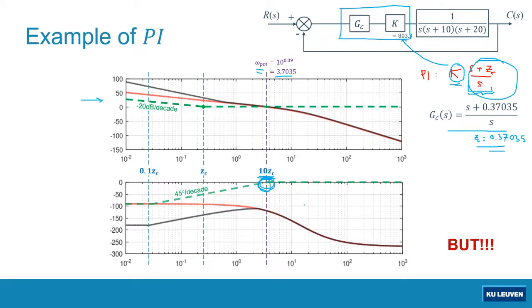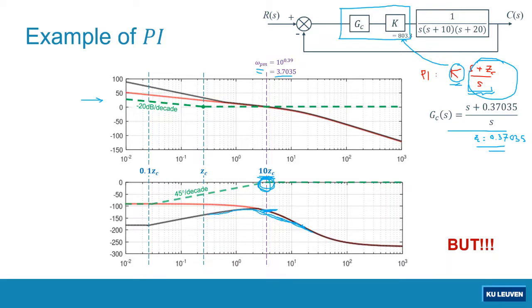At the end, what will happen? The phase value at this desired phase margin frequency will not be exactly at this point anymore, but it will be slightly below this point, right? Probably the real phase plot will be something like this.